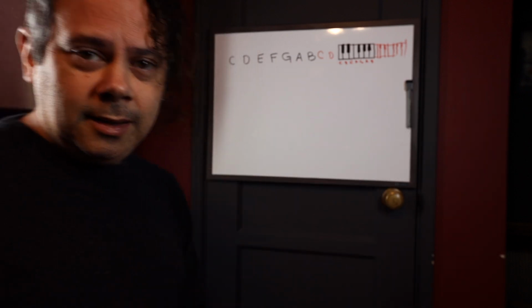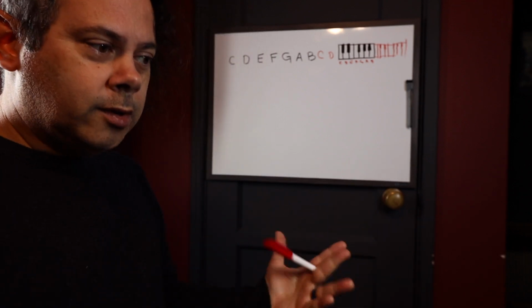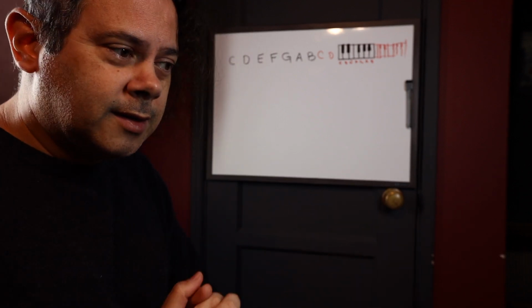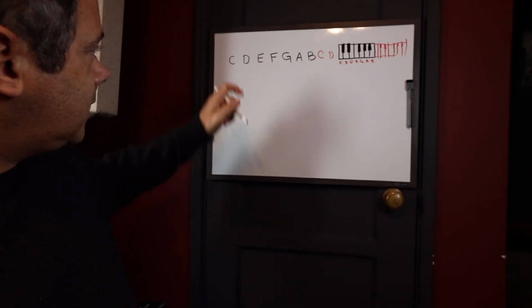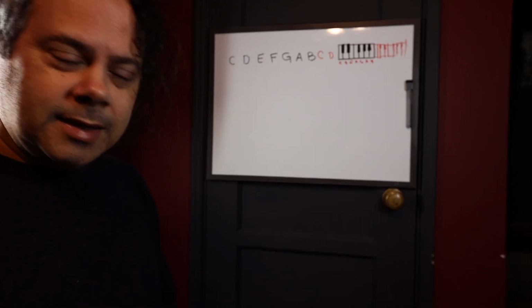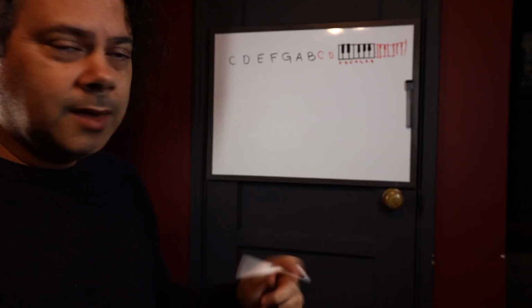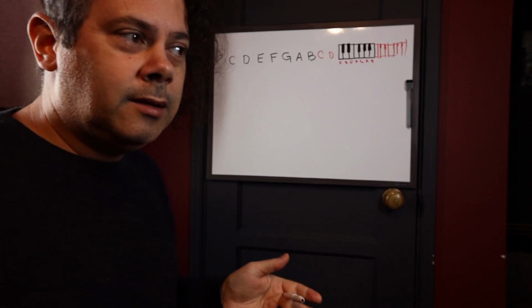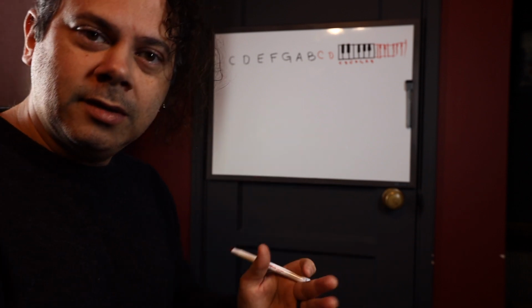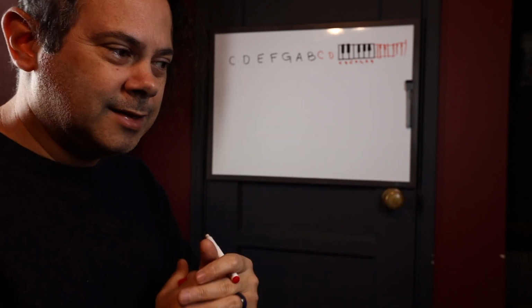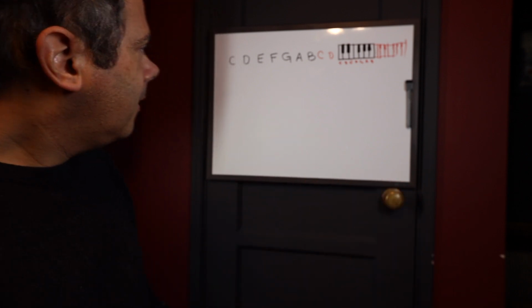So basically, the way we group notes for a basic chord, they're called triads, right? If I'm starting with C, I will consider C my number one. So how do I create a chord having C as the root, C as the foundation, as the starting point of that chord?